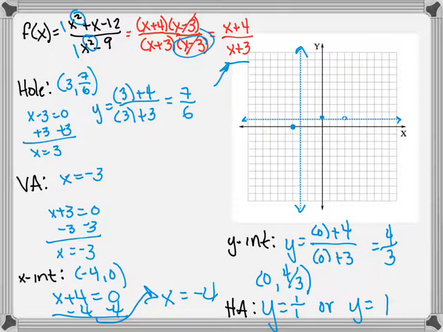Now, we can see from our points where we have our branches. And we can see that the asymptotes break our graph into 4 different quadrants. We will have a branch up here where our curve is approaching the vertical and horizontal asymptotes and goes through the point where the hole would be.